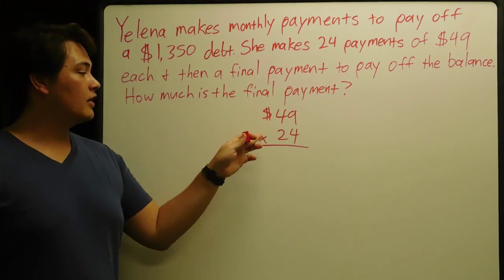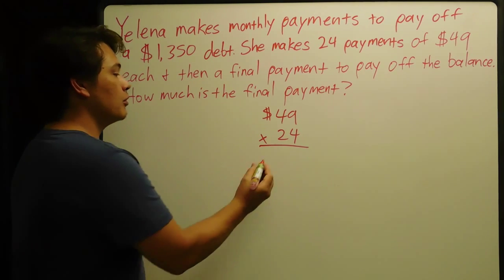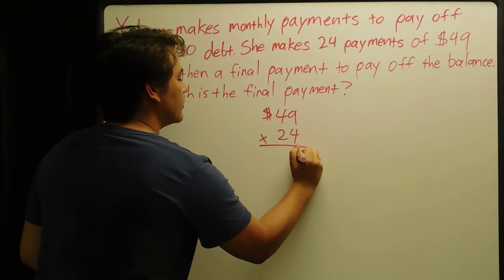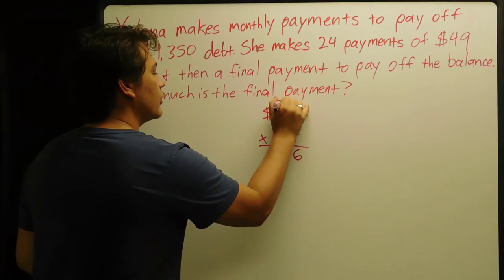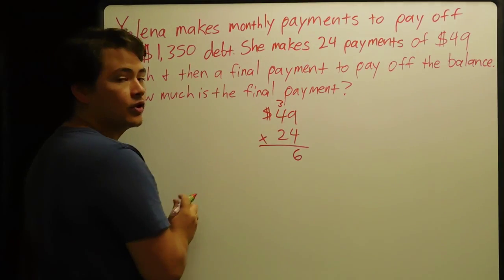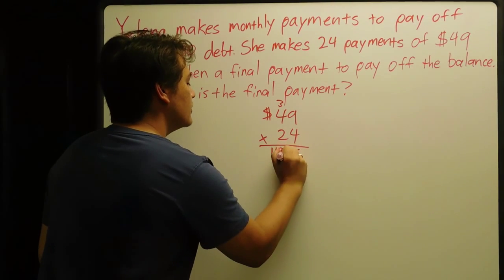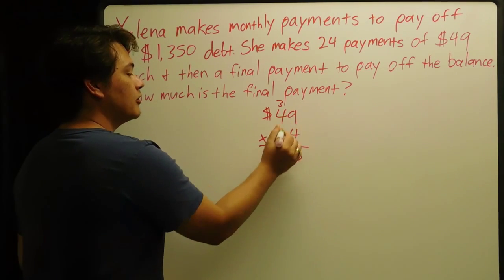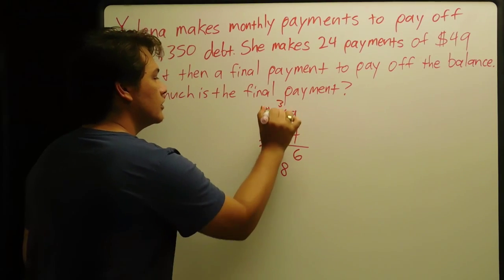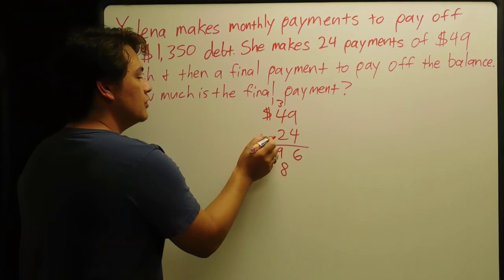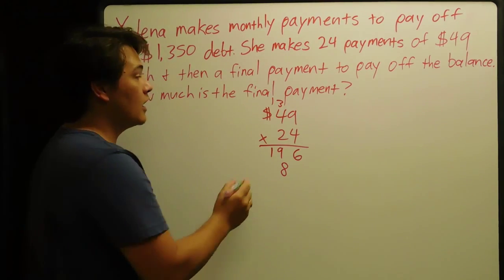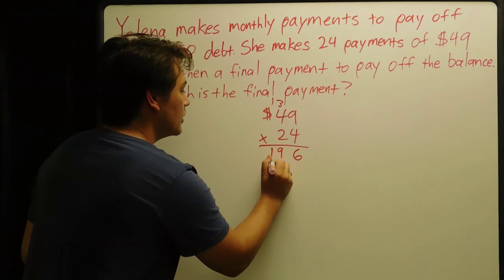So 49 times 24 is going to give me 4 times 9 is 36. Bring the 3 here. 4 times 4 is 16 plus 3 is 19. 2 times 9 is 18. Bring the 1 here. 2 times 4 is 8, plus 1 is 9.